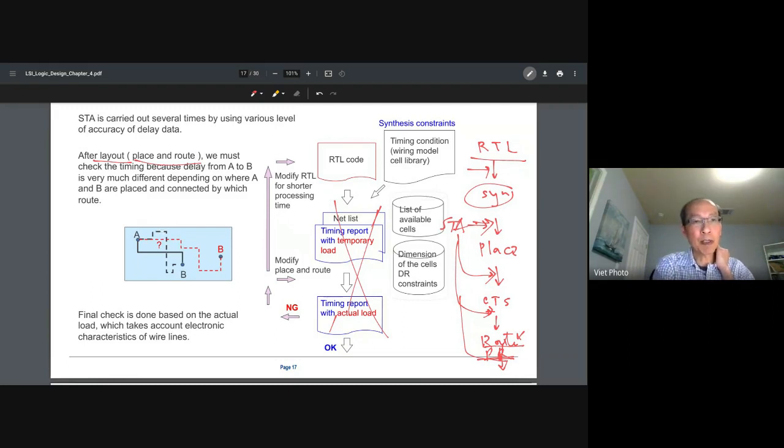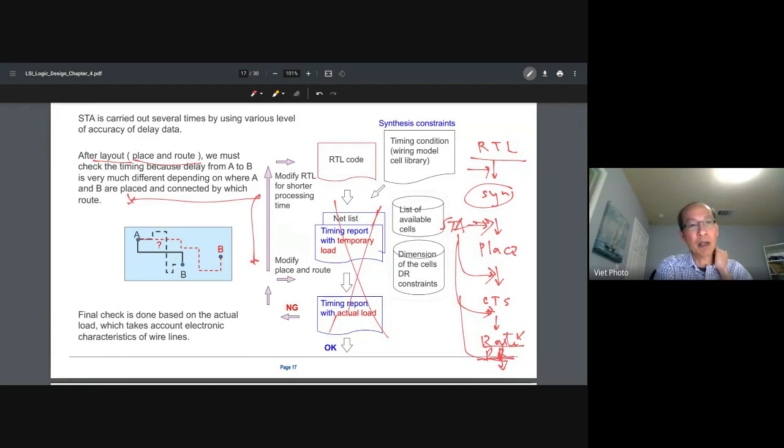If two cells are placed from here to here, we just use the Manhattan distance like this, and then estimate the wire delay. It is not completely correct.